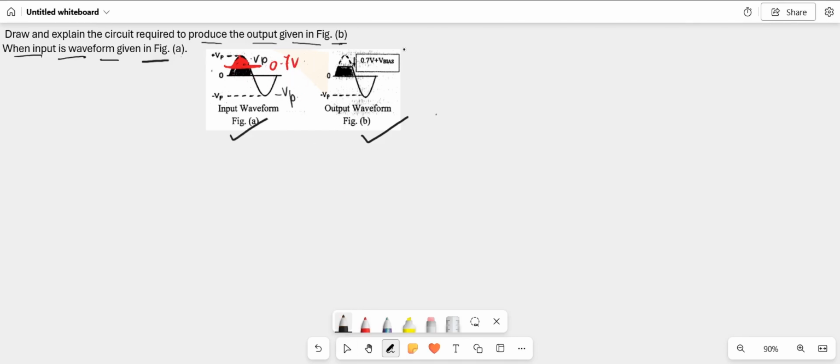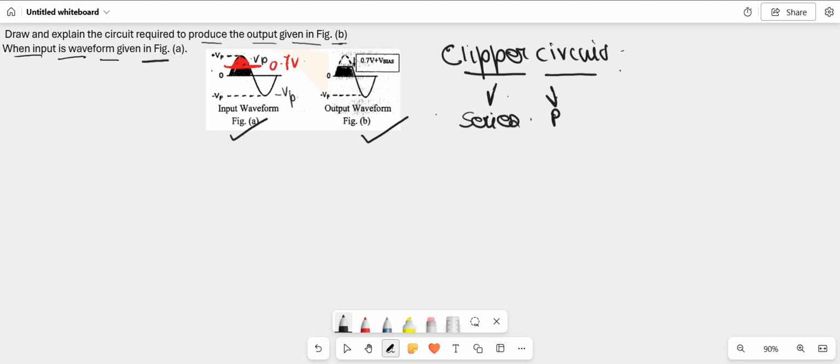So let us draw the circuit and understand how it works. As we know, if you want to clip a particular portion of the waveform, we use a clipper circuit. So the main circuit we are going to use here is a clipper circuit. Now the question arises, which clipper circuit? There are series clippers and parallel clippers.